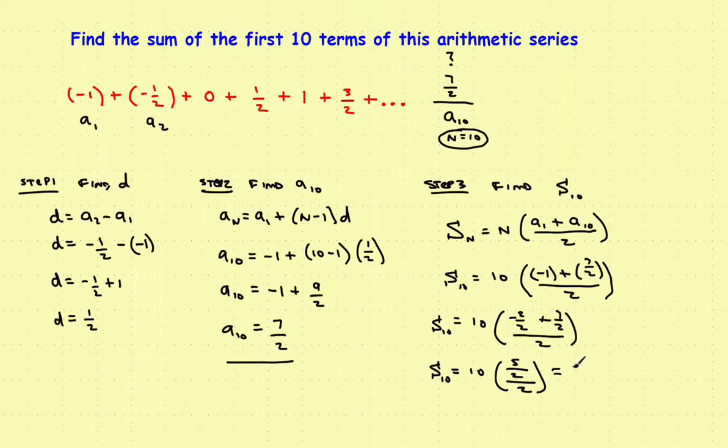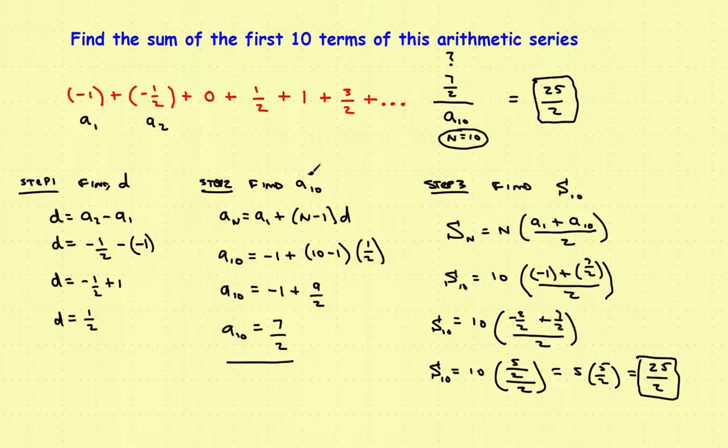Then I can cancel out 10 and the 2. This would give me 5 times 5/2, which would give me 25/2, and that's going to be the sum. So if you were to add all these up, you'd come up with 25/2.